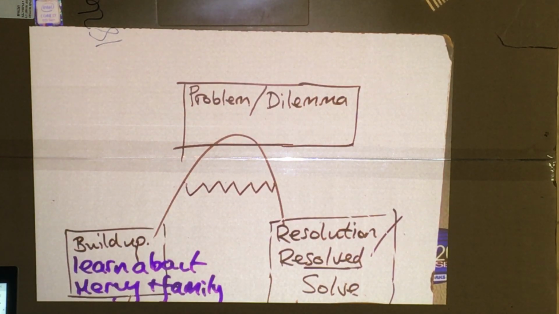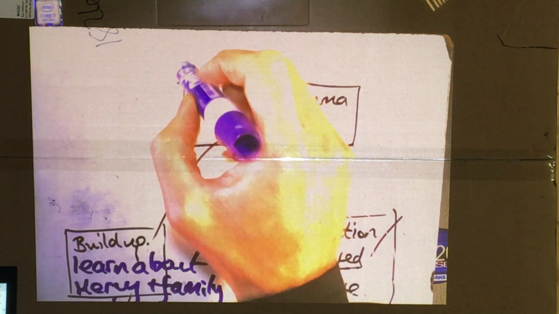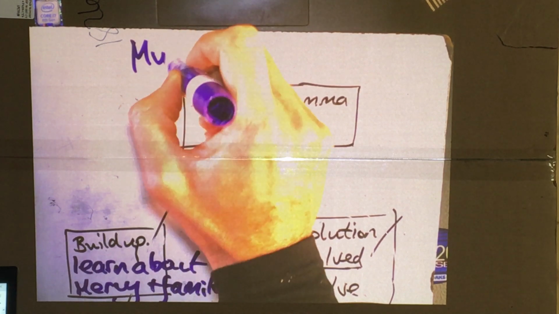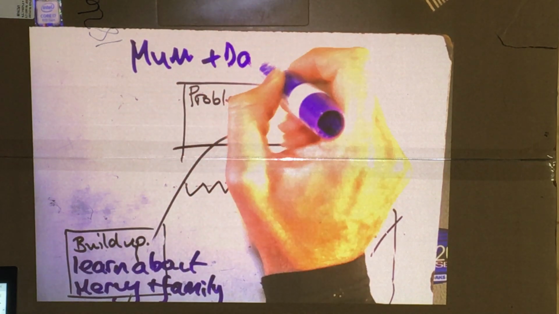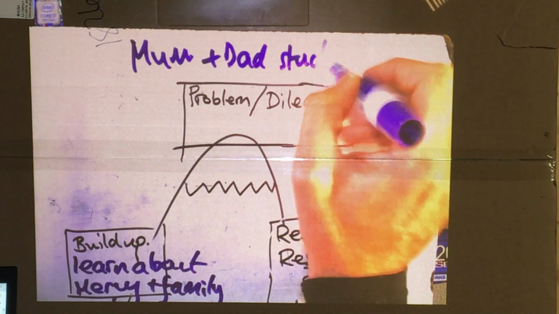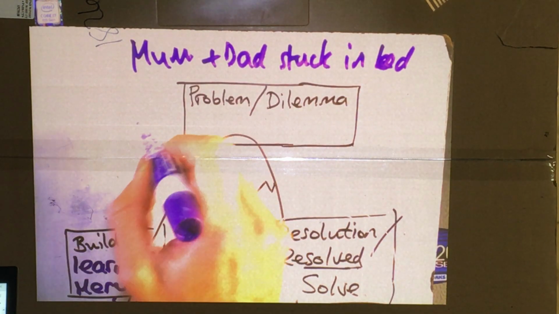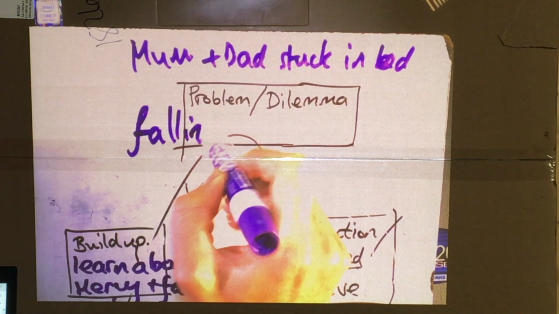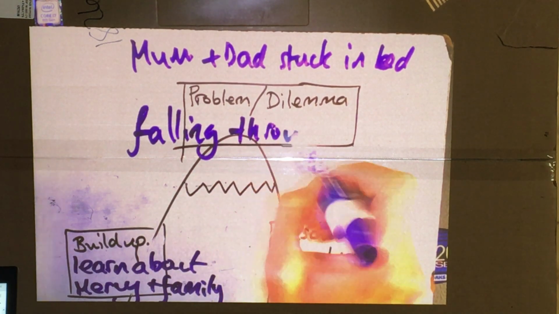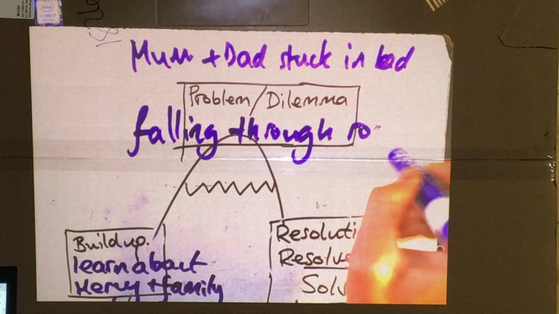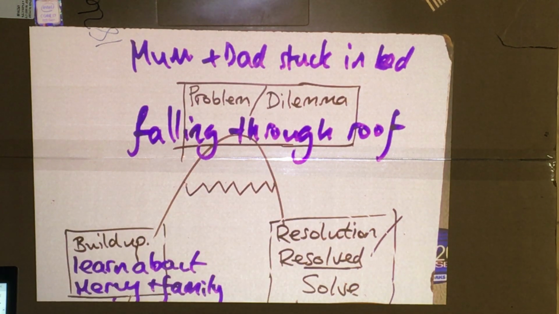If you remember, the mum and dad, right here, mum and dad, stuck in their bed, and the bed is falling through the roof. Now obviously I'm just writing quickly, not neatly, in a big fat pen, which takes up a lot of room. You don't need to do that.